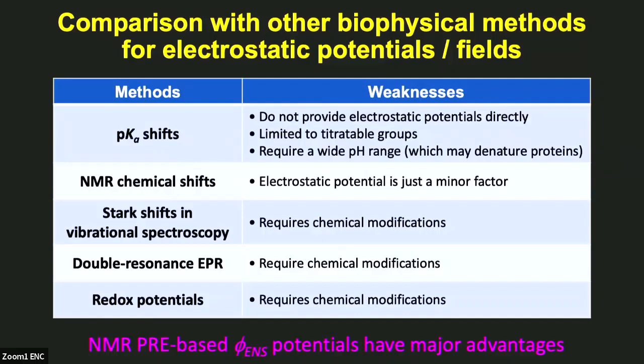On the other hand, our method can be done at a single pH, and it can give electrostatic potential directly for many proton nuclei, including amide and H-alpha or methyl groups.